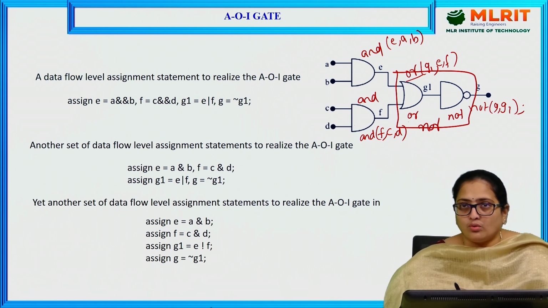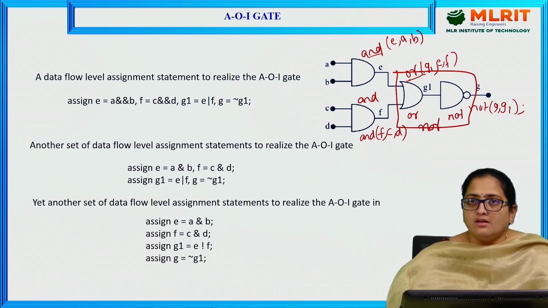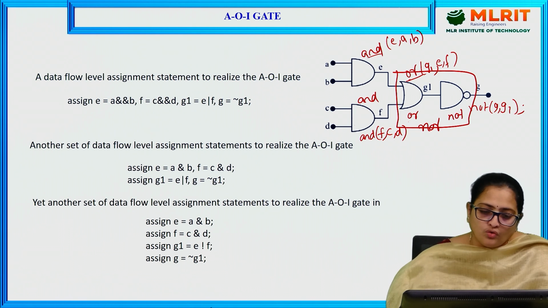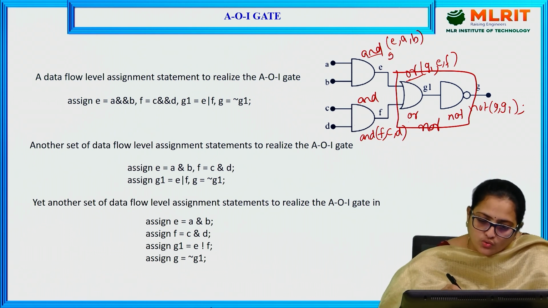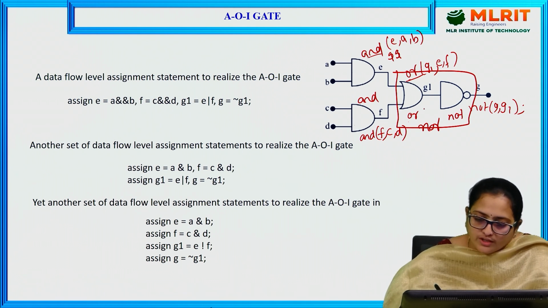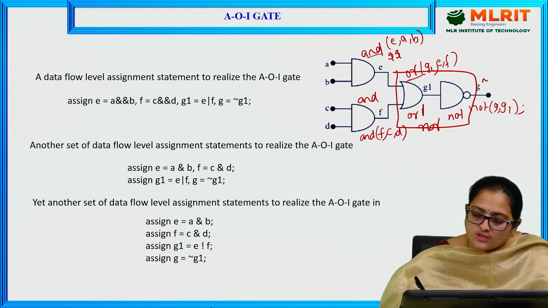So in data flow, all the operations are given with specific operators. For the AND operation, we can use the operator of two ampersand signs. For OR, we can use a single line, which can be used to perform an OR operation. For NOT, you can use a negation of the input G1.